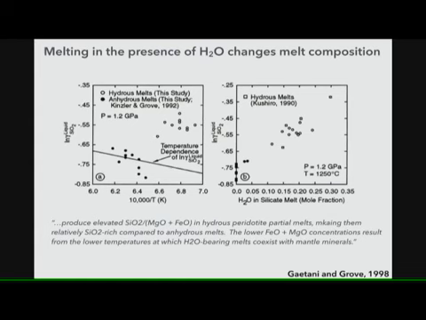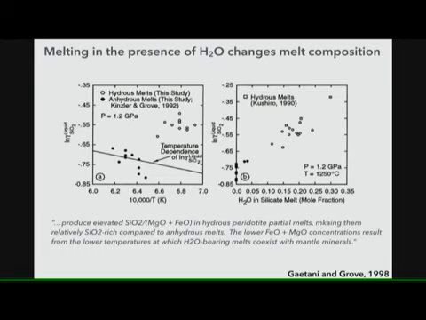The basic explanation is that when we add water, we're changing the silica to iron plus magnesium ratio of the melts compared to anhydrous melts. This makes the hydrous ones elevated in silica compared to the anhydrous ones.